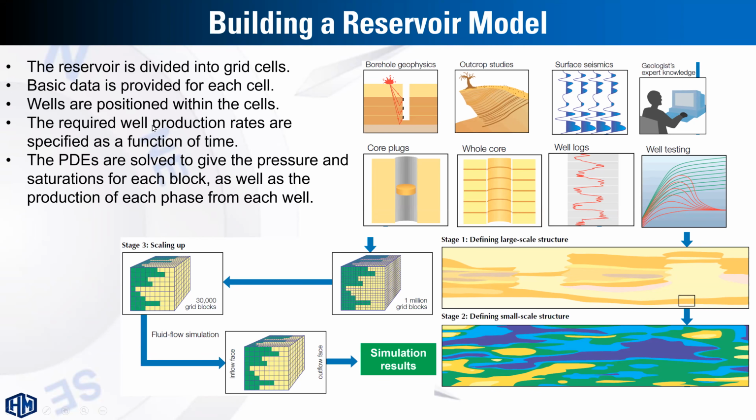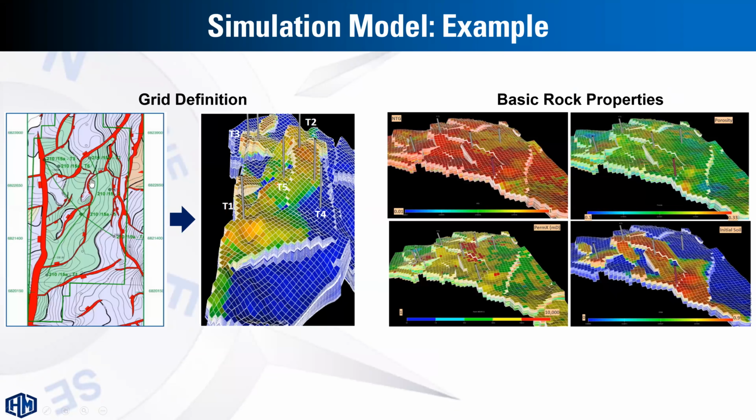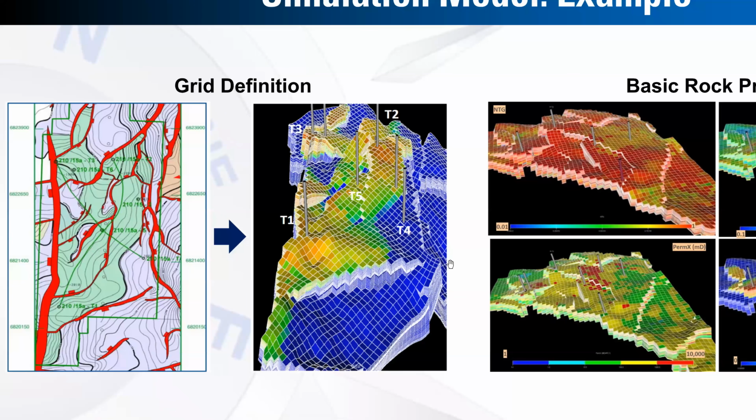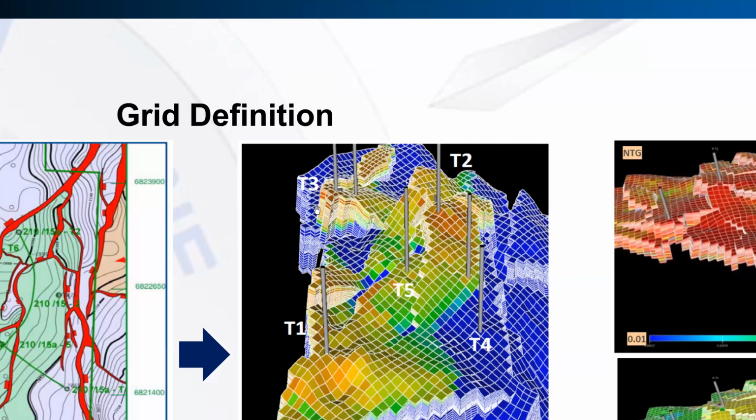So from a structure contour map like this, we can define a corresponding 3D grid or 3D structure by considering the fault model and the pillar gridding process, the definition of grid blocks, grid dimensions, zonation, layering, and so on.